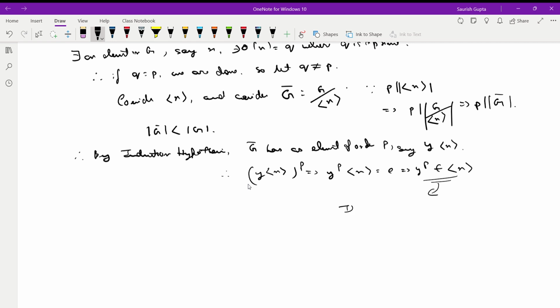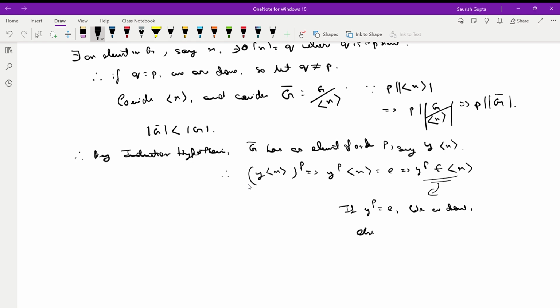Now observe that if y to the power p is equal to e, then we are done, because y is the element we want to talk about.